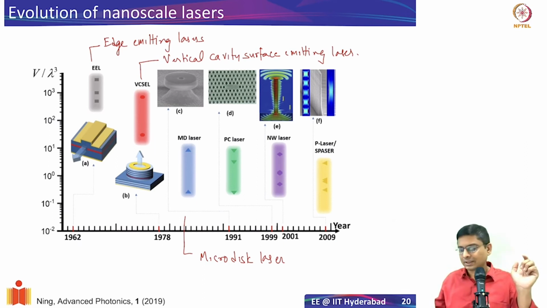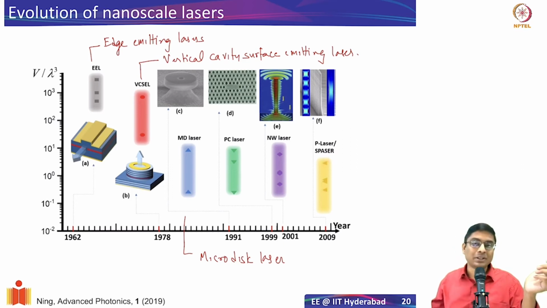And later on in 2009, various research groups, one from Purdue, one from I think Berkeley, and another I forgot where, three different groups in almost the same year demonstrated lasing where the cavity is sub diffraction limit, below the diffraction limit. So in the case of a spaser or a plasmonic laser, these arrows represent the volumes of the devices that were demonstrated.